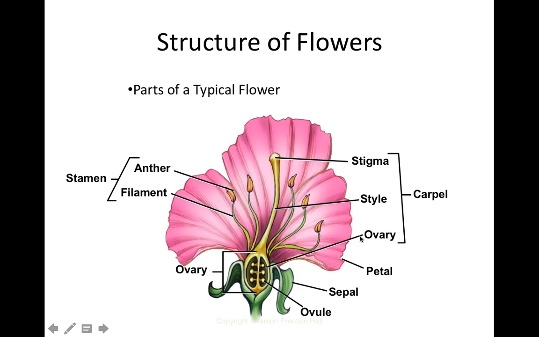And then when it goes on to the next flower or plant, and also drinks some of the nectar from this area here, it's very likely to brush against the stigma. And so that pollen ends up traveling down the style, and male gametes will meet female gametes, and you have fertilization happening here.